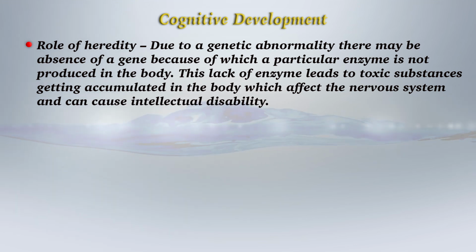This enzyme is needed for metabolism, and because it is not present, toxic substances start getting accumulated in the body, and that affects the nervous system, and this can cause intellectual disability. So this example shows us how genes can have a role in creating an intellectual disability because of the lack of a particular gene which creates absence of a particular enzyme in the body.